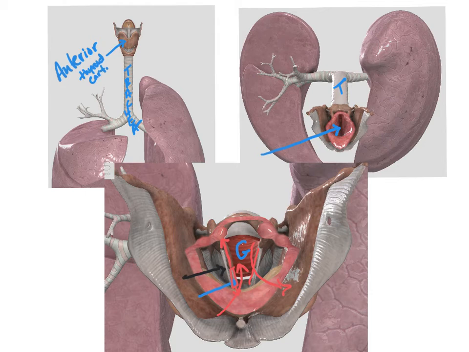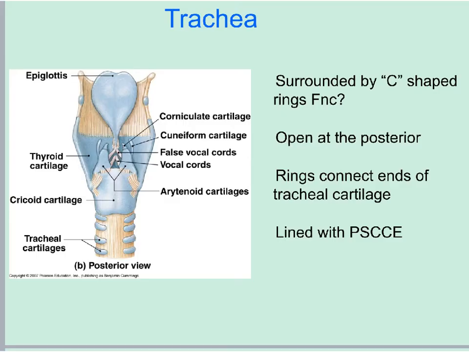So we have to go back here because I've already looked at that slide. Okay, so now you're looking at a posterior view, this would all be larynx up here. So really what we're focusing on is now a posterior view of the trachea, and that's right here.